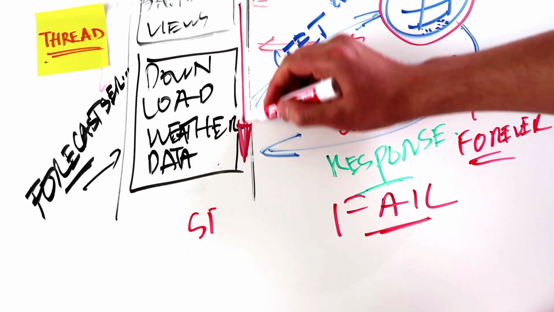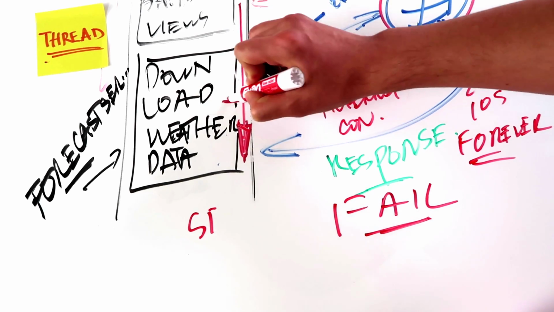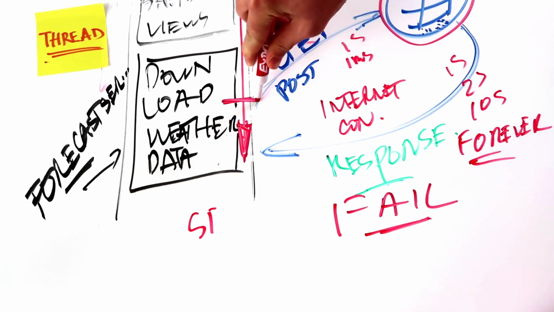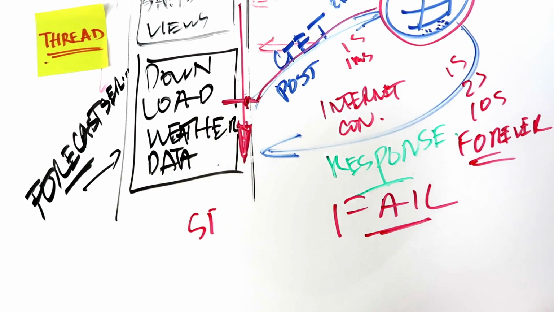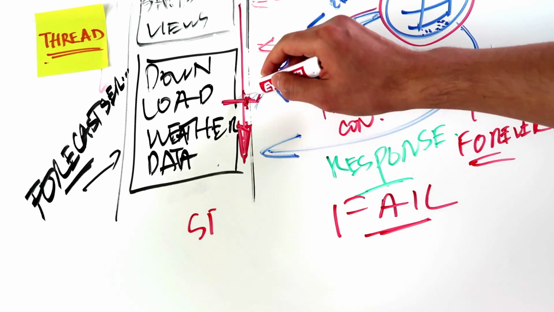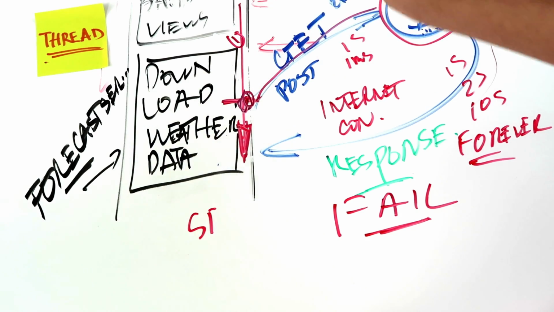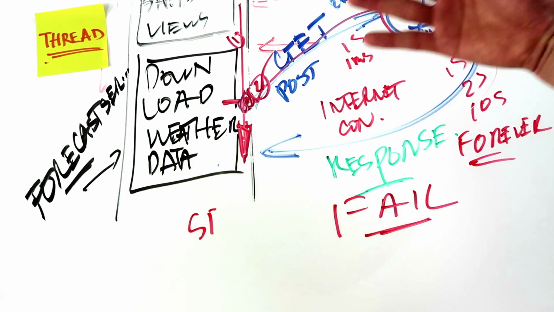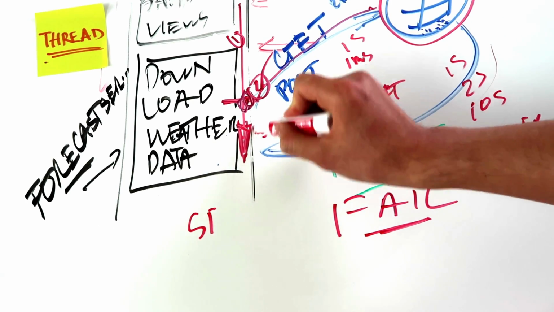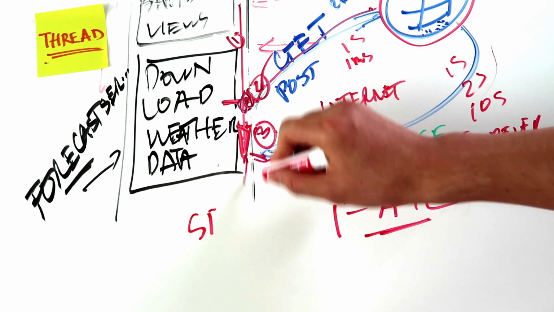Then when we execute into this line to get the data, we have to wait 1 second, 10 seconds, 5 seconds, or forever to get the data from the web, and then get back here and continue. So step 1, we call this method. Step 2, we go to the internet and wait 10 seconds. Step 3, after 10 seconds, we get the data back and continue with our app.